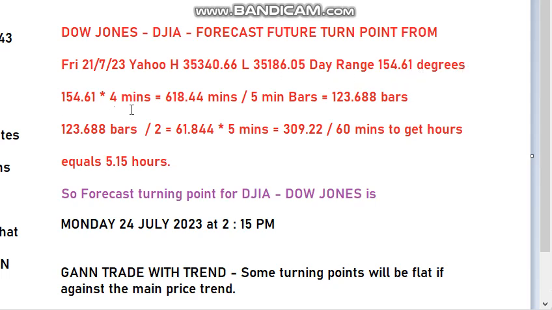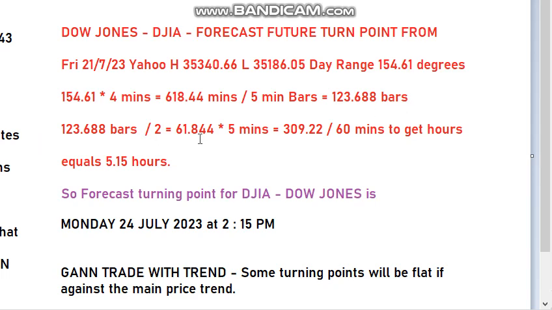Those degrees times your 4 minutes for the rotation of the earth gives you 618.44 minutes. Divide that by your 5-minute bars for your chart, and it will give you the number of bars, which is 123.688 bars.